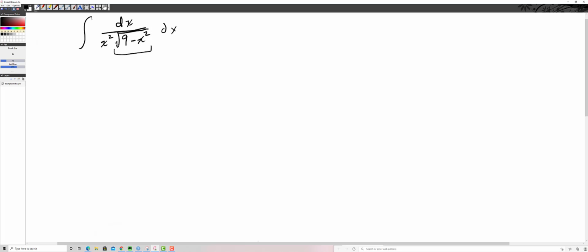So this little thing right here, this is going to play a role sort of as the last integral did. Maybe one thing that you've noticed, sometimes you're going to have things that look like this. There's a better way to write this.